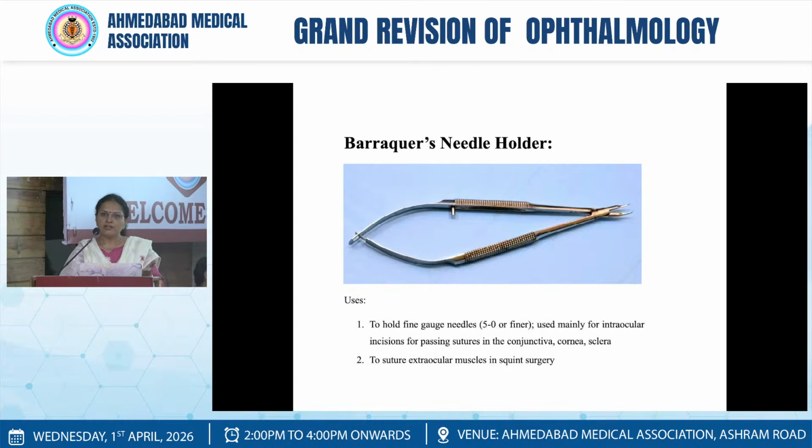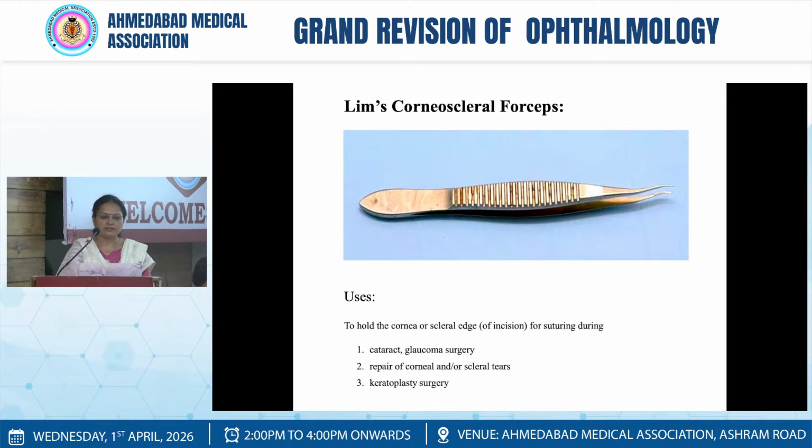So it is usually for taking the suture of the cornea, sclera, conjunctiva, right, or any extraocular muscle suturing in squint surgery. Then there are different types of forceps. This is Lim's corneoscleral forceps. The name itself suggests it is for holding the cornea and the sclera, which is usually in any ophthalmic surgery.